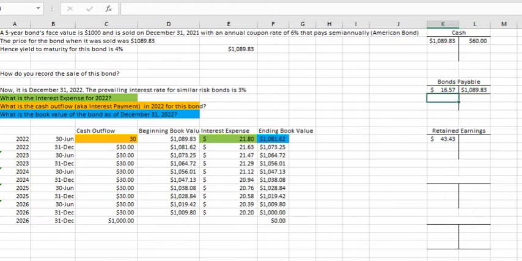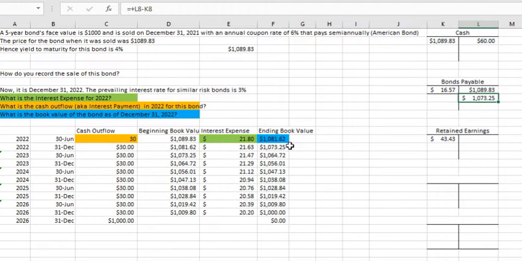So at the end of 2022, the book value of the bond is going to be $1,073.25, and if you look at it, we are going to see that these are exactly the same.